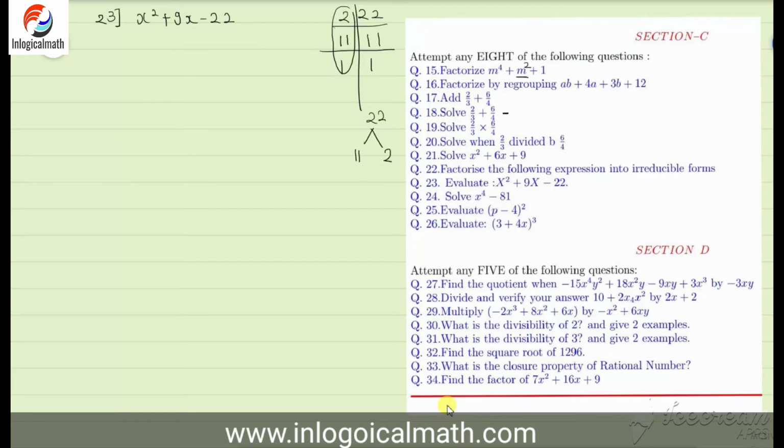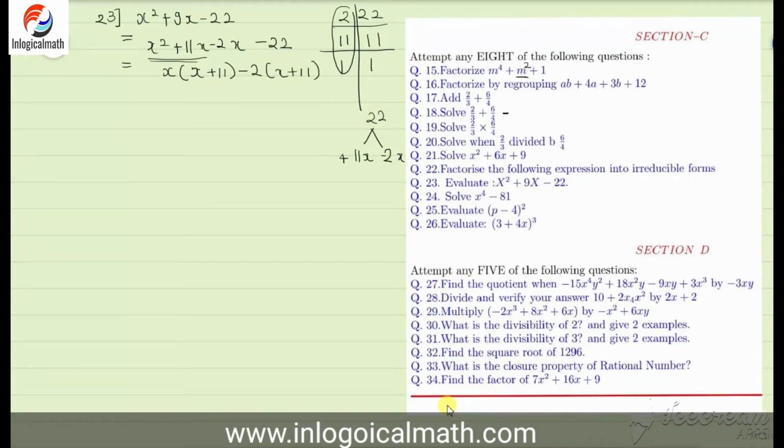We want plus 9, so putting plus 9x as the middle term. So plus 11x minus 2x is 9x, and the product is plus 11 minus 2, which is 22. So this can be written as x square plus 11x minus 2x minus 22. From x square plus 11x, we can take x outside the bracket, in bracket x plus 11, minus 2 x plus 11.